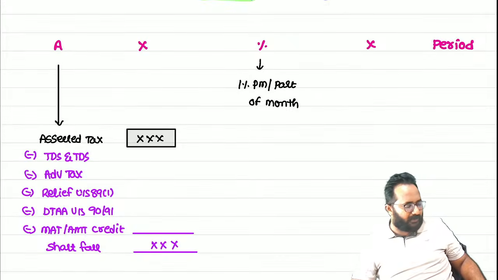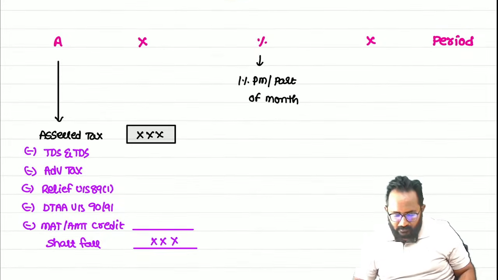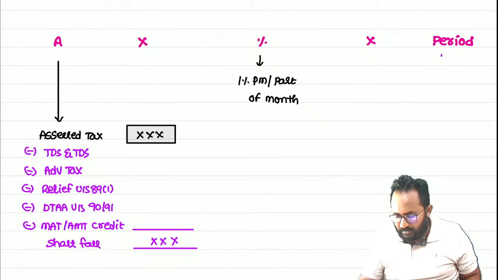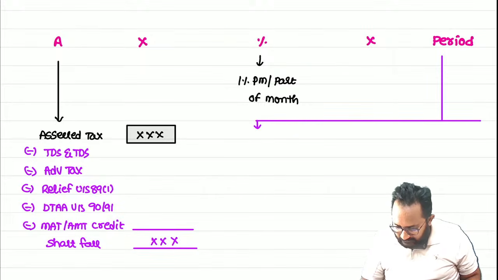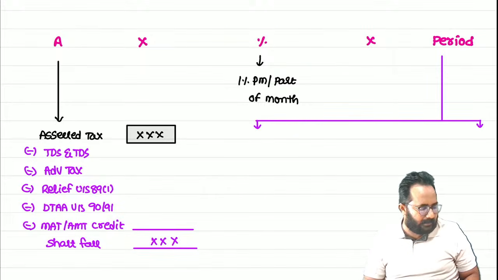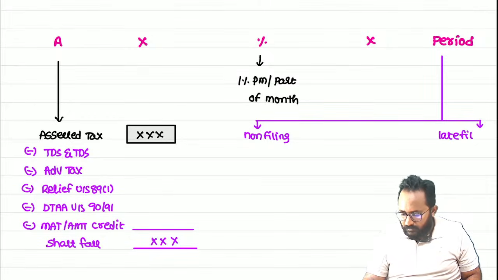Remember this. The rate of interest you already know. What is the rate of interest? 1% per month or part of the month. Now the period I will tell you in two ways. What are they? Listen carefully. The first one is non-filing, and here I will take late filing.